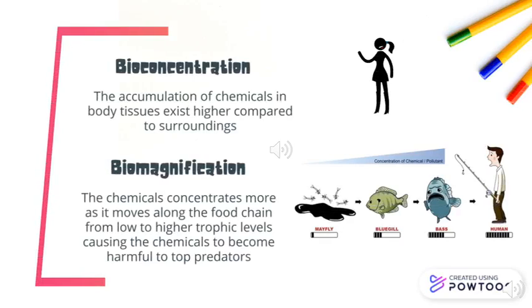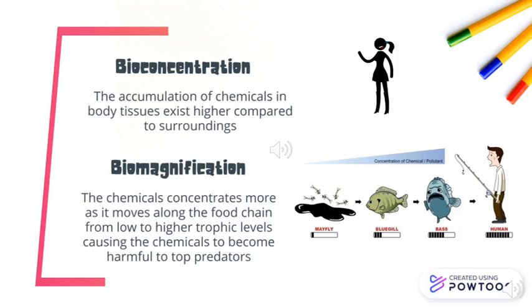Before we move on, we need to know a few terms that are very closely related with bioaccumulation, which are bioconcentration and biomagnification. Bioconcentration is the accumulation of chemicals in body tissue at a level higher compared to the surroundings, while biomagnification is when chemicals concentrate even more as they move along the food chain from low to higher trophic levels, causing the chemicals to become more harmful to top predators.